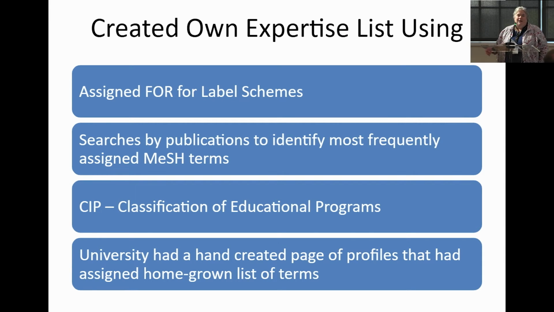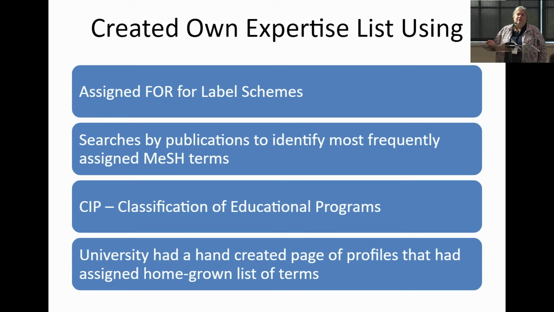So we did look at the FOR labels. And then we also searched in PubMed to bring up the publications there to see what were some of the most frequently assigned MeSH terms. We also looked at the CIP, the Classification of Instructional Programs, which was particularly useful for outside of research, for people that were more known for their expertise within what they taught.